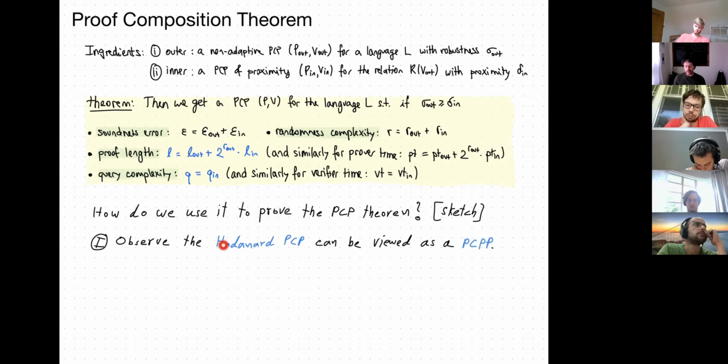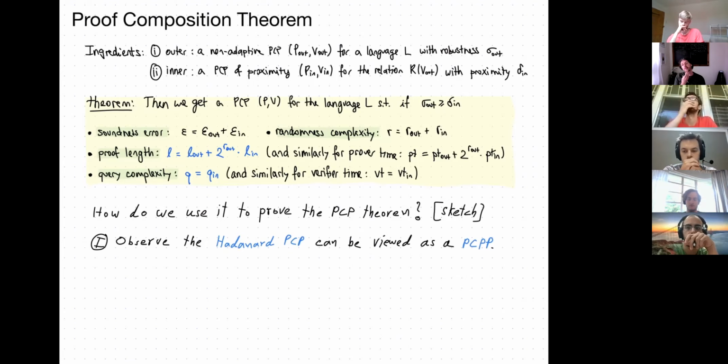The first thing is that the Hadamard PCP, which we defined to be a PCP, we can actually view as a PCPP, but we need a shift of perspective. In the Hadamard PCP, we had as input quadratic equations, and then the prover provided us with some assignment, and we only made constant queries to this assignment in order to verify this is a satisfying assignment.